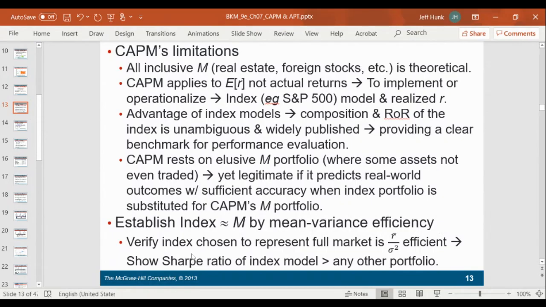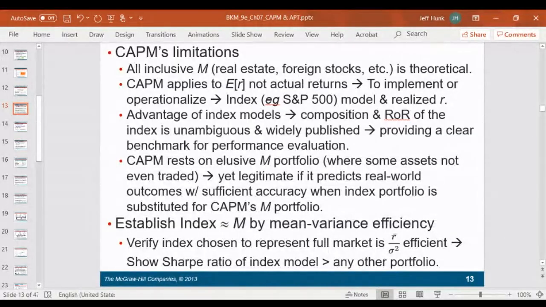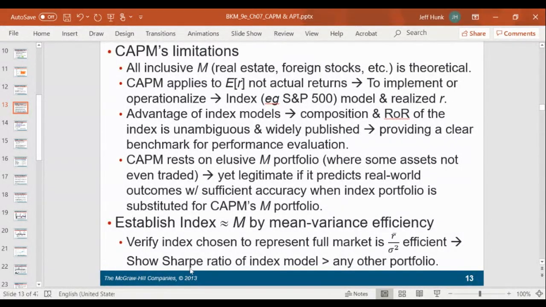In other words, we verify that the chosen index represents the full market, and by verifying that the index is mean variance efficient, we can show the Sharpe ratio of the index is greater than any other portfolio. And that justifies using the index as the market portfolio.